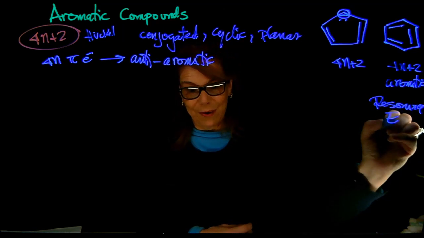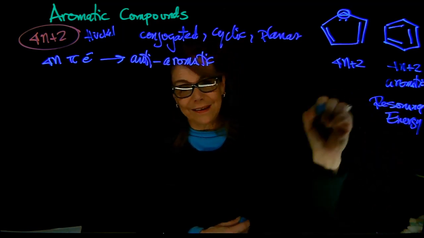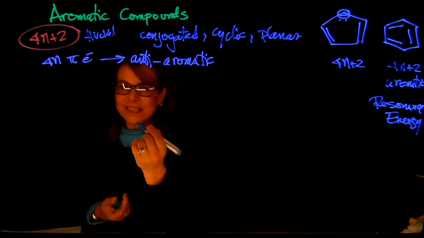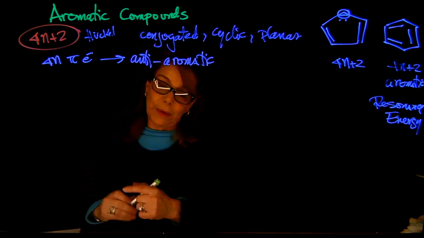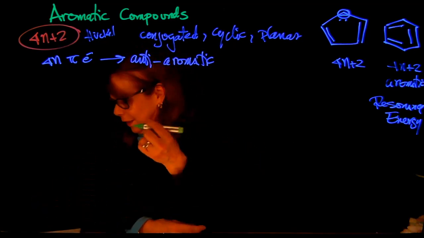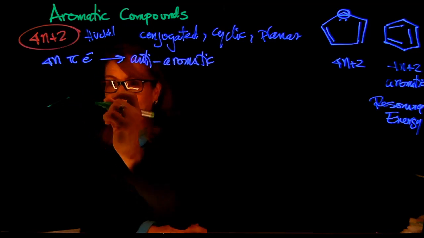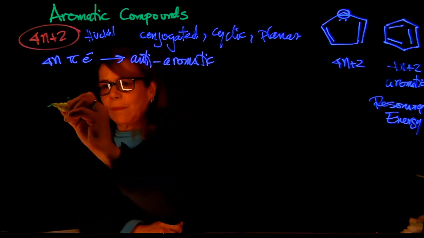You can find that in another video, and that is about stabilization. Now, let's use that in the following system. Say that we've been asked to determine whether or not the following compound is aromatic, anti-aromatic, or non-aromatic. So let's draw the compound.